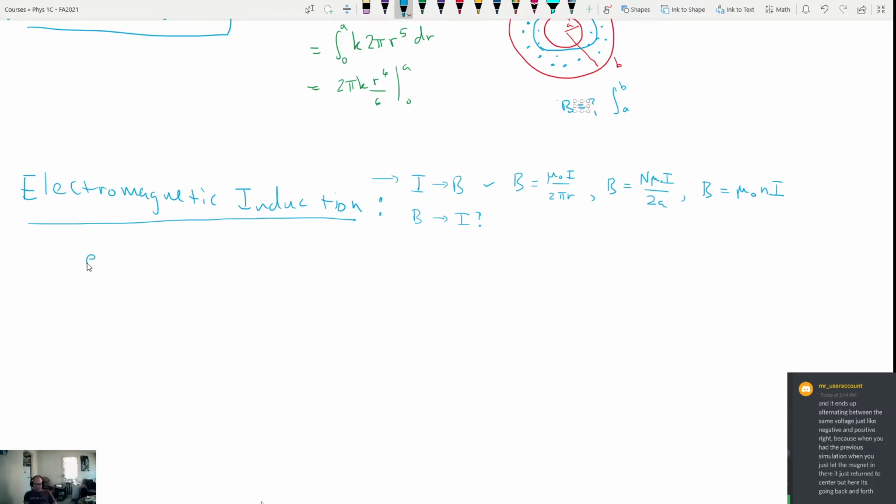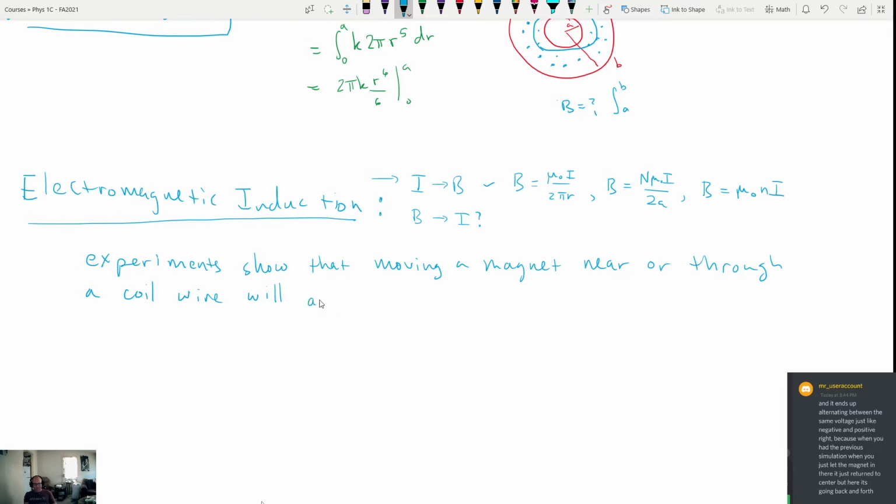Experiments show, like the ones I was just showing you, that moving a magnet near or through a coil of wire will cause what we call an induced current. That's why we call it induction. We call this process induction in the coil.